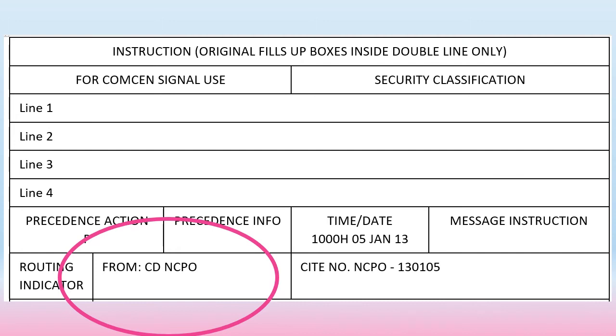Okay? Geographical location. Kaya nga meron dyan NCPO. Diba? Naga City Police Office. Yan yung ating geographical location. Okay? Messages addressed to an individual. Paano pag i-address siya sa individual?